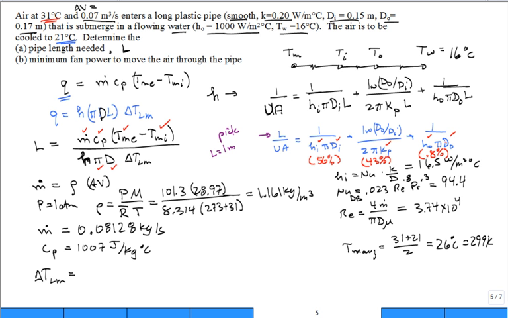It's almost completely negligible. The convection coefficient on the outside is so large compared to the convection coefficient on the inside and the resistance due to the plastic that it's pretty hard to improve it. It's a very low resistance.